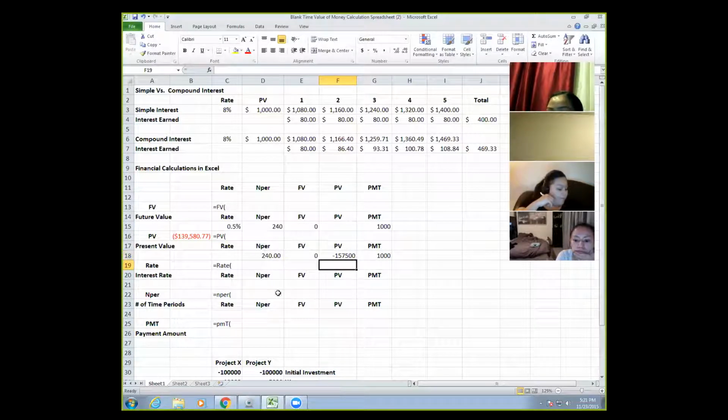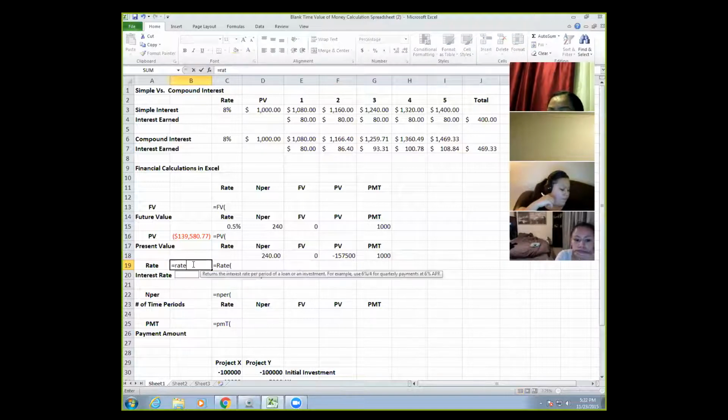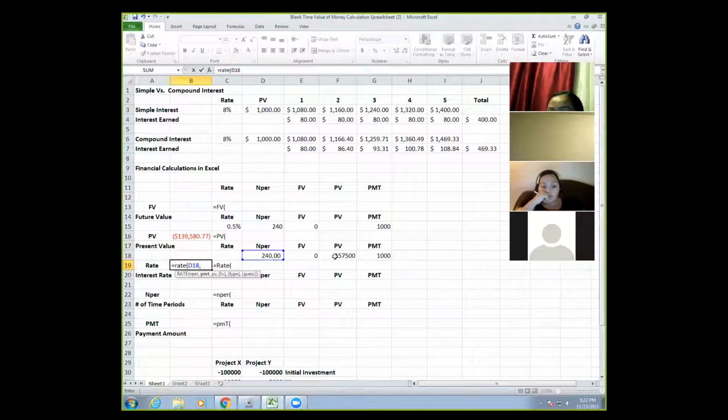Negative. So if that's the case, and you're getting the same returns as before, what is the rate that you would be getting? Well, let's see. What's the average rate of return? N per, comma, payment, comma, PV, which is your price, comma, FV, and that's all you have to put in. You never have to put in type or guess.